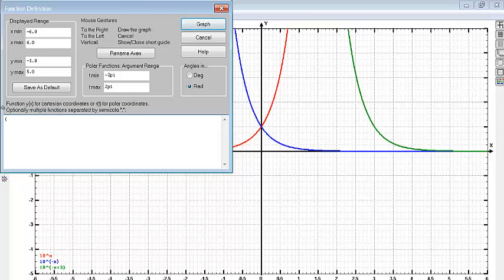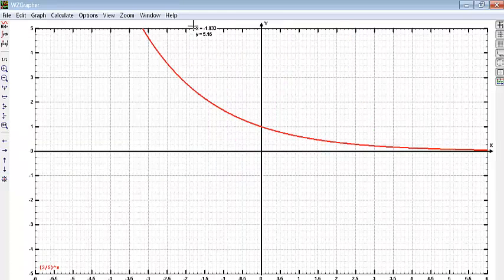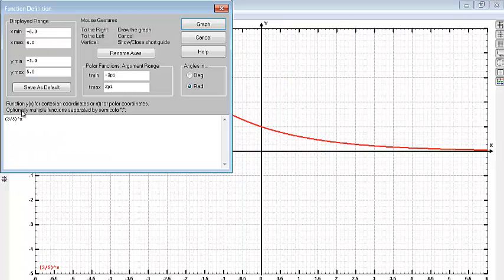And let's see what happens first when you have a fraction instead of a number larger than 1. So we have 3/5 to the x power. Let's just compare that with a number greater than 1, 2 to the x.